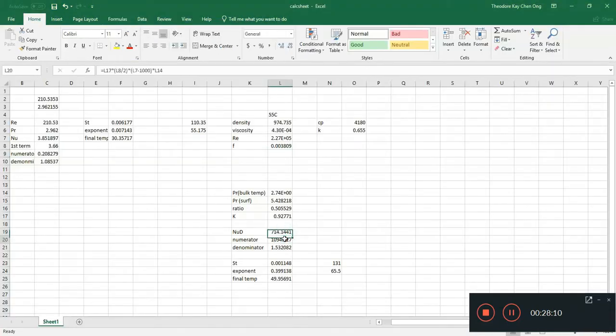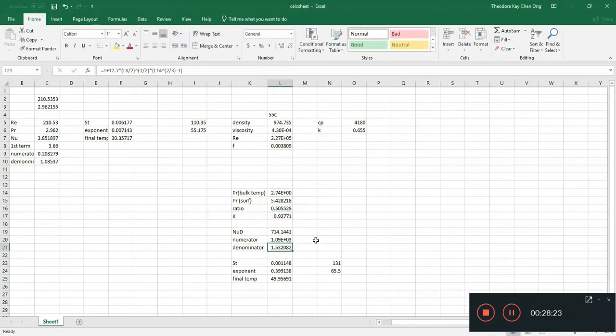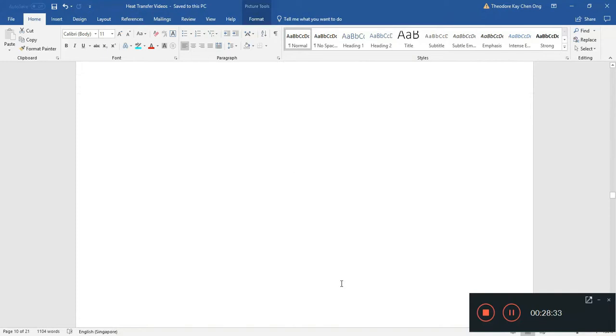The Reynolds number has changed, and Excel has taken that into account, Prandtl as well. So these all have changed. So the Nusselt number is 714. Again, reasonable for turbulent flow. Stanton number didn't change too much. Final temperature is about 49 to 50 degrees.